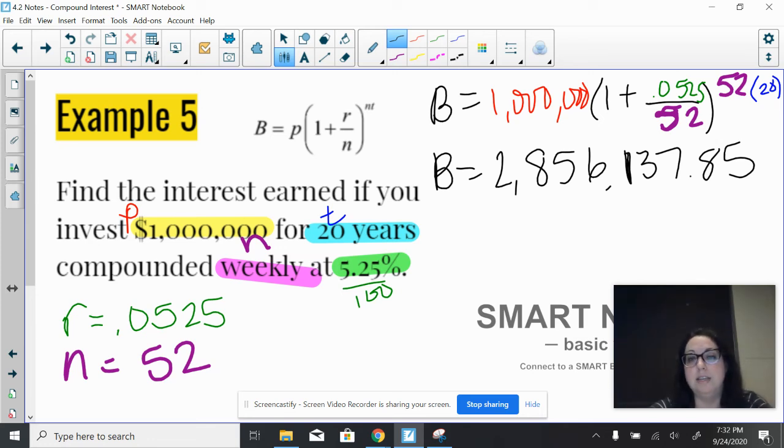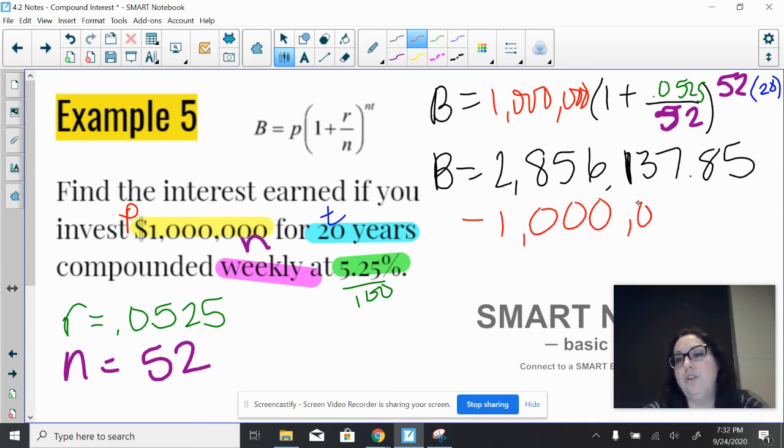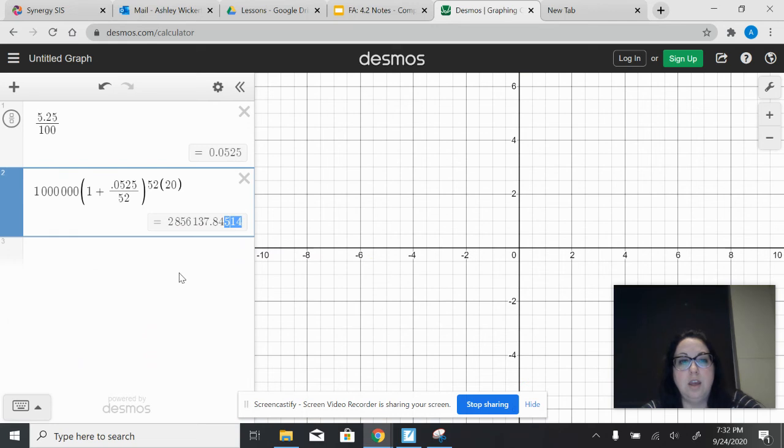Now this question says, what was the interest earned? You guys, in order to find the interest earned, you're going to take the account balance and subtract off the original principal. So if I want to find my interest earned, I can take this amount and subtract $1 million. 1, 2, 3, 4, 5, 6 zeros.